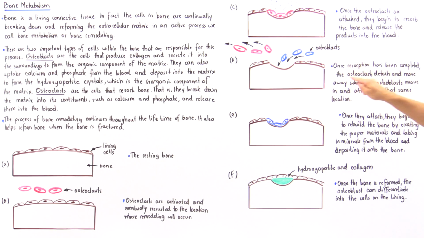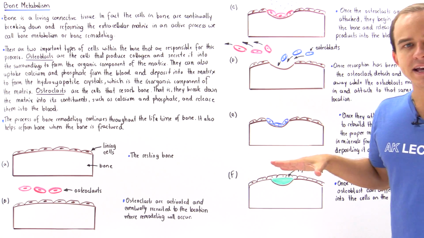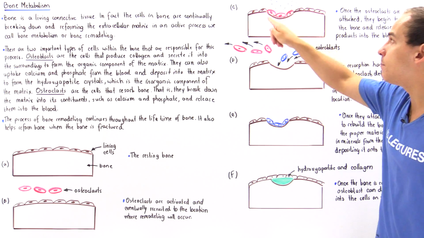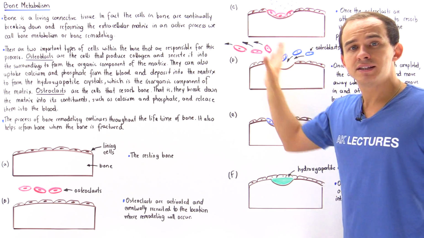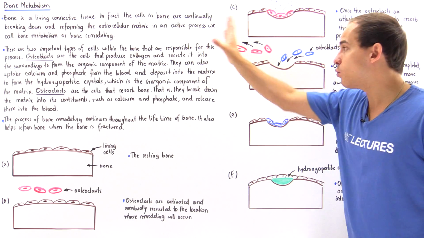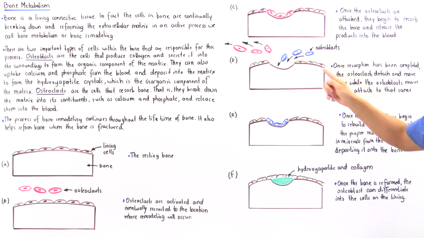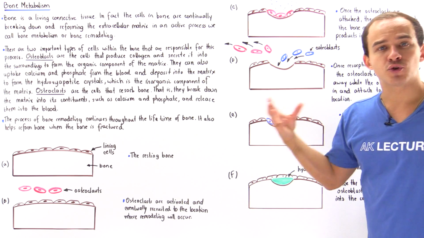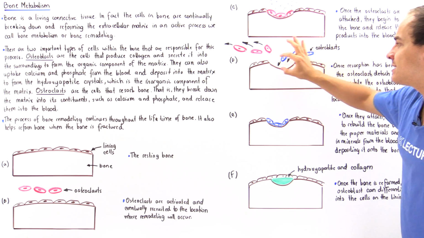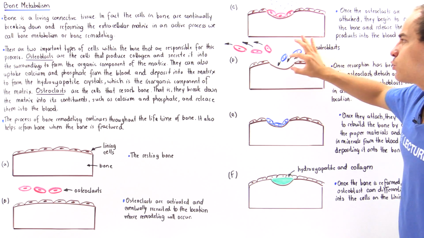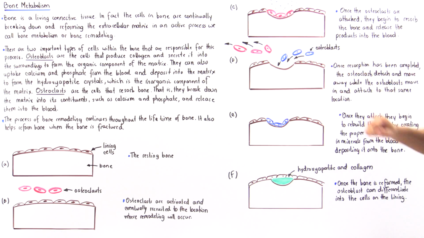Once resorption takes place and we break down the matrix, these cells detach and move away, while the osteoblasts shown in blue are now recruited and activated. These cells go on to attach to the same exact region where the resorption took place, as shown in this diagram.